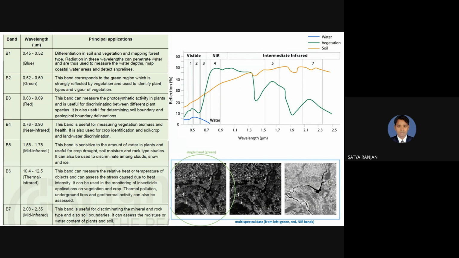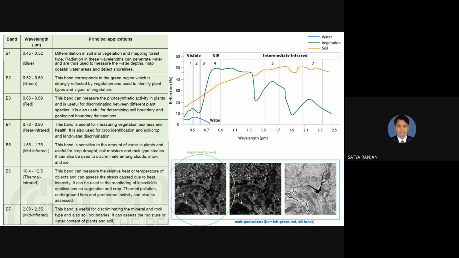In the blue color, the characteristics and the graph are different, and for near infrared, there is a high reflectance for vegetation, and for water bodies, a high absorption is seen because infrared absorbs more for the water bodies and reflects more for the green vegetation.